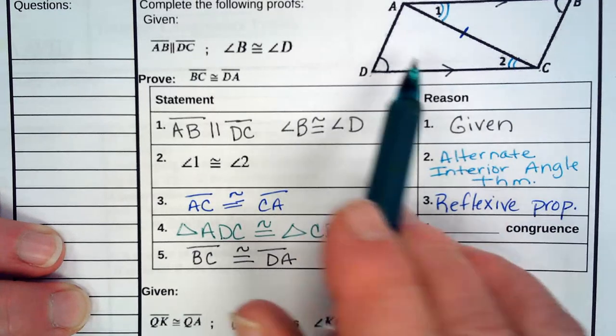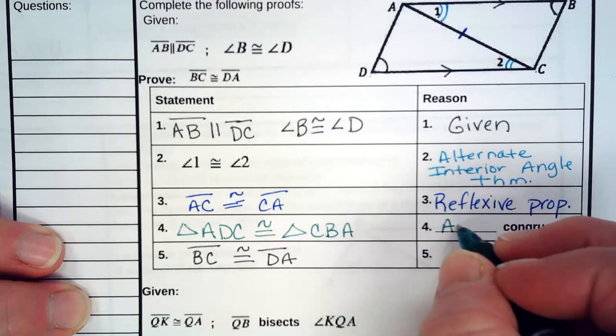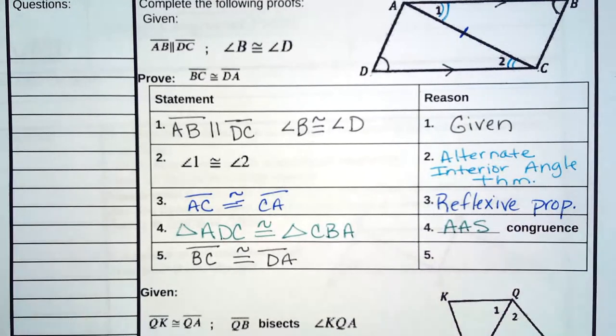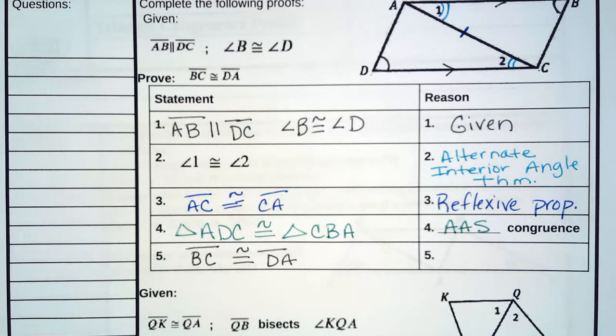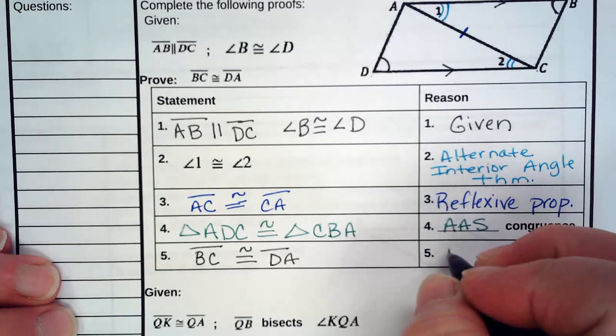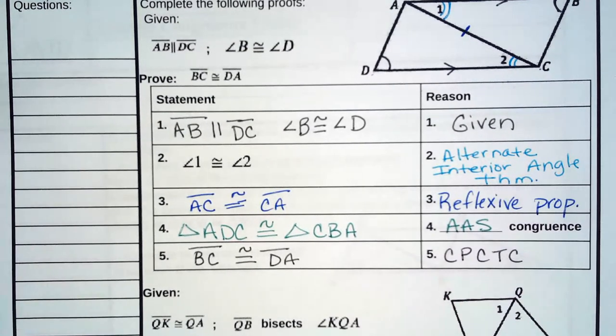Okay, this is by angle, side. Now, I've gone to all that work to prove two congruent triangles. What am I going to use next? CPCTC is correct.